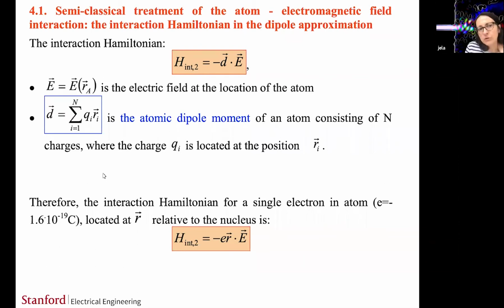So then the dipole moment would be, instead of this whole sum, you can just write minus eR, dot product with the electric field, right? And that's also applicable to artificial atoms. Of course, a single electron atom is hydrogen, but you can also apply this model if you are looking at specific transitions of one electron in the atom.